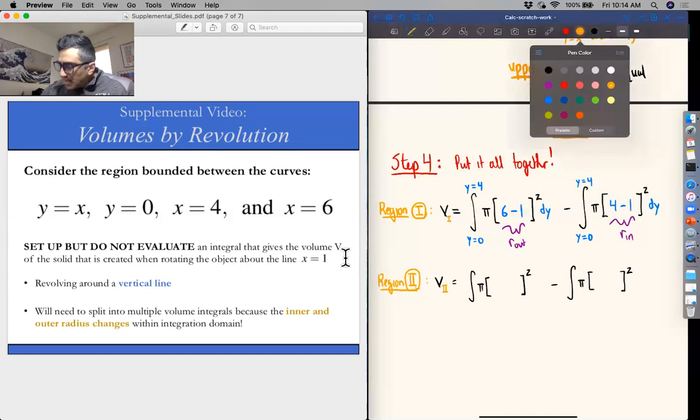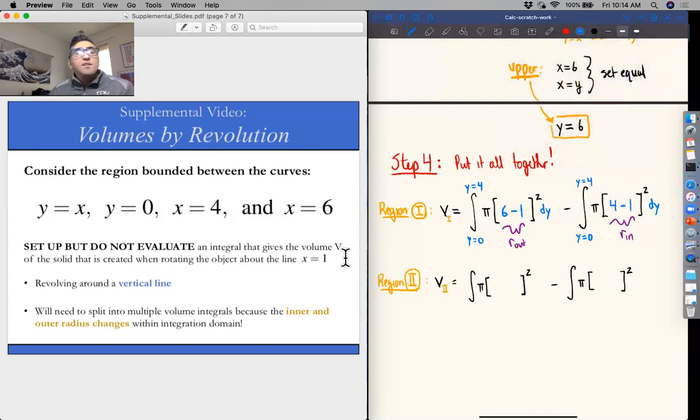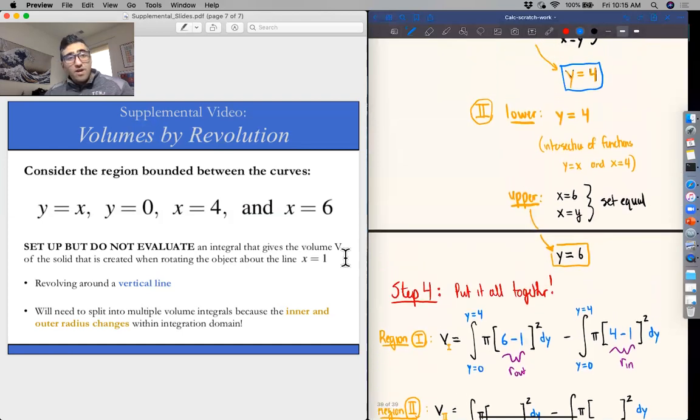So again, in region 2, we're still integrating with respect to y because we're revolving around a vertical axis. So these integrals are dy integrals. The next thing we saw were the upper and lower bounds for region 2. And that was y equals 4 and y equals 6.